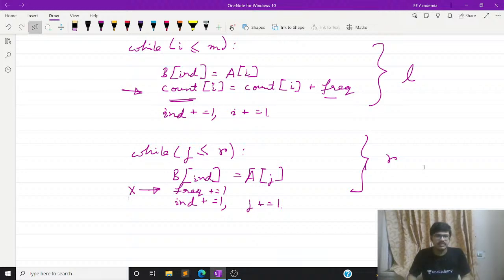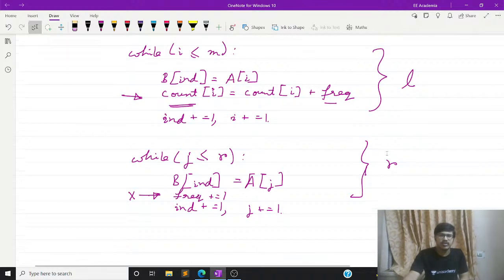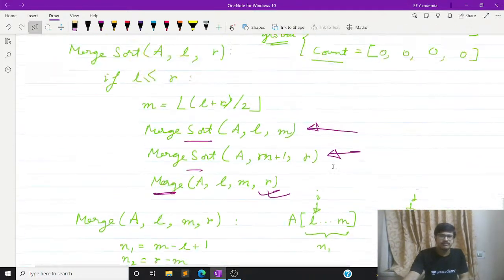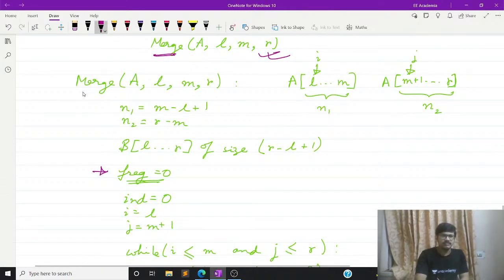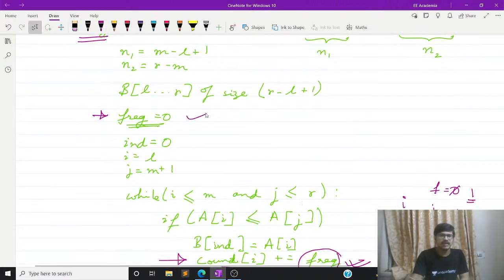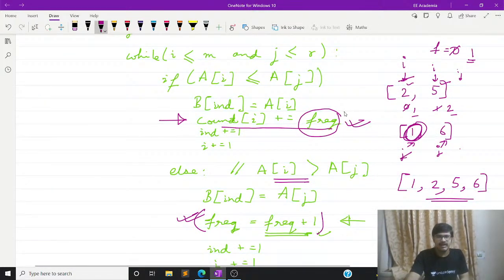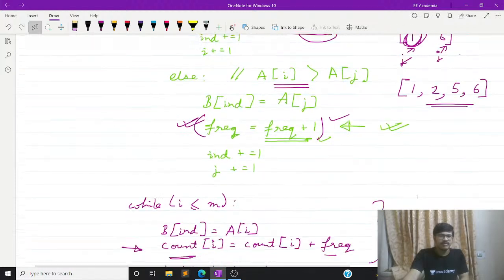So just tell me if this pseudocode which I just wrote is clear. What we did here, I just modified this merge procedure. I just added two lines to it. Just two lines. This line maybe, and this line and this line, and nothing else. And our job is done. Isn't it interesting? Very simple, right?